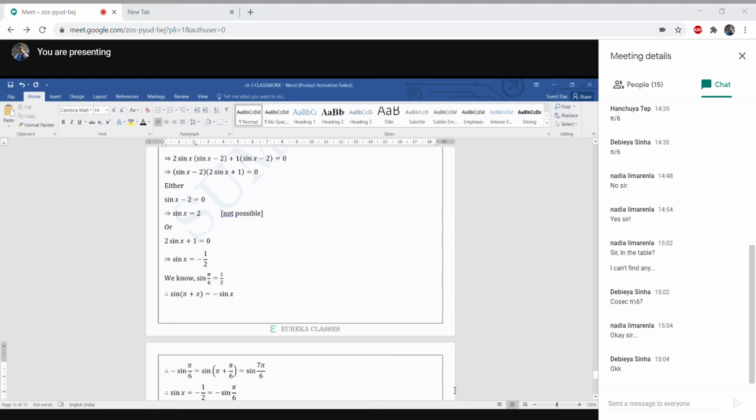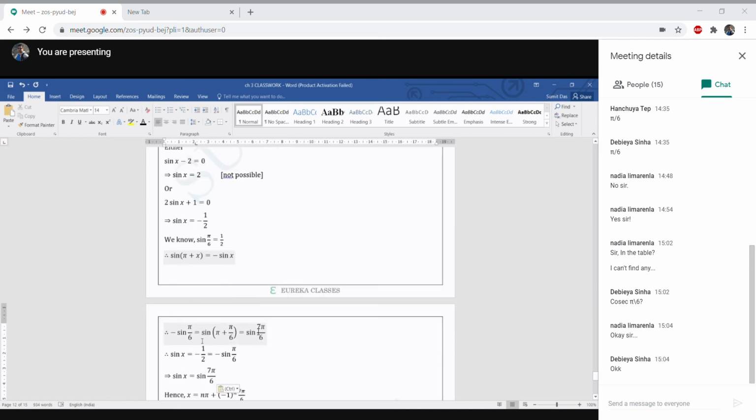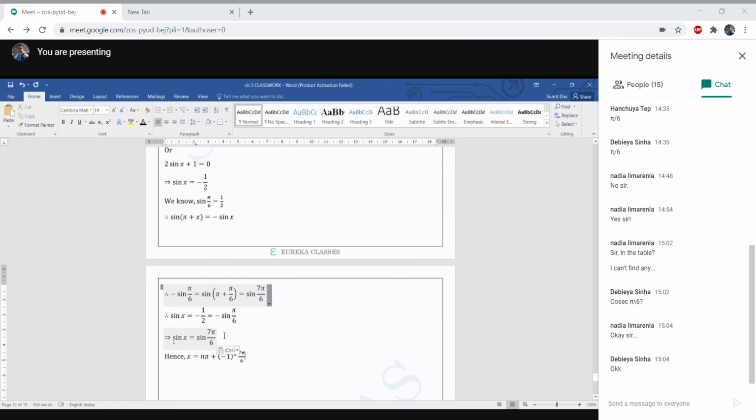Then we know that sine pi by 6 equals 1 by 2, and sine of pi plus x equals minus sine x. So we get minus sine pi by 6 equals sine of pi plus pi by 6, which gives sine 7 pi by 6. Now we have to solve sine x equal to minus 1 by 2, which can be written as sine x equal to sine 7 pi by 6, understood?